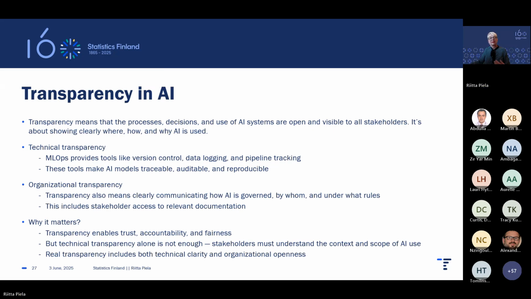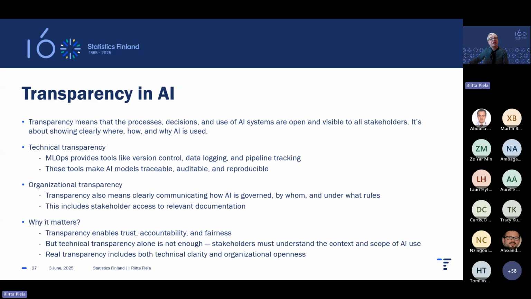Transparency is, I think, one of the most important principles. It's an important principle not only in AI, but in the whole of statistical production. It means that the processes, decisions, and the use of the AI system are open and visible to all stakeholders. It's not only about the technical transparency MLOps can provide, but also organizational transparency: clearly communicating how AI is governed, by whom, and under what rules.